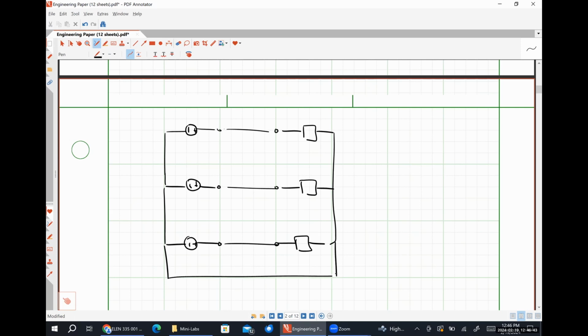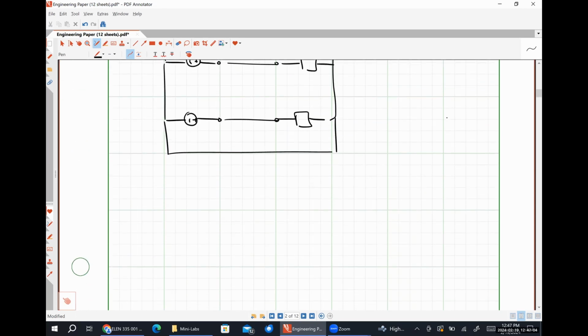So if we had a YY connected three-phase circuit, where we had an unbalanced system and a neutral conductor available, it's looking like I would have three mesh equations to deal with in order to analyze that.